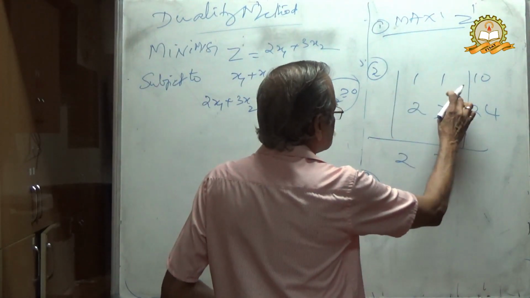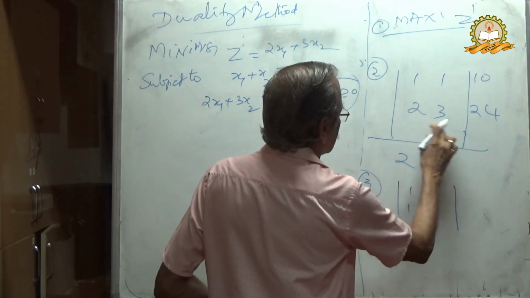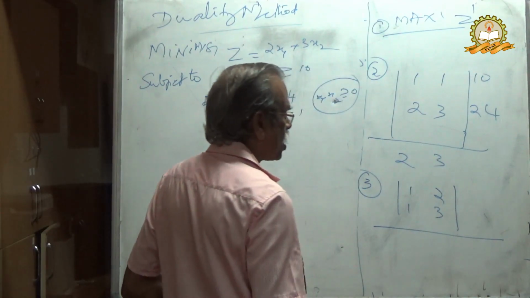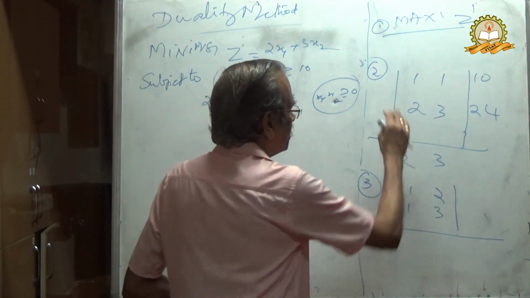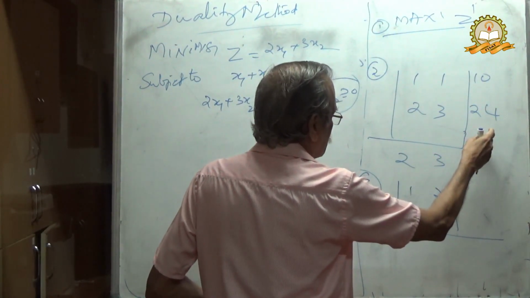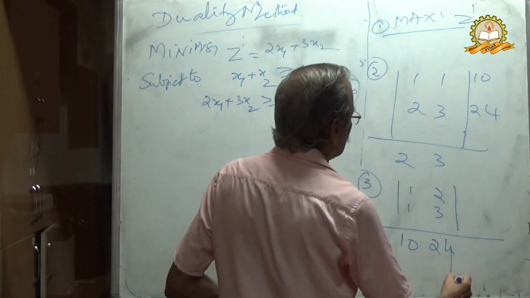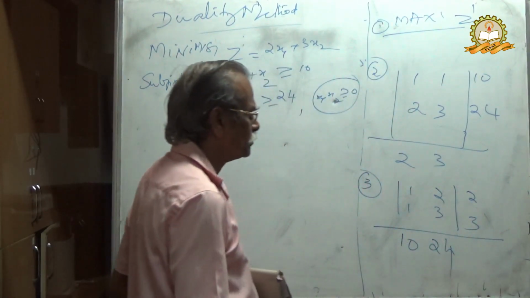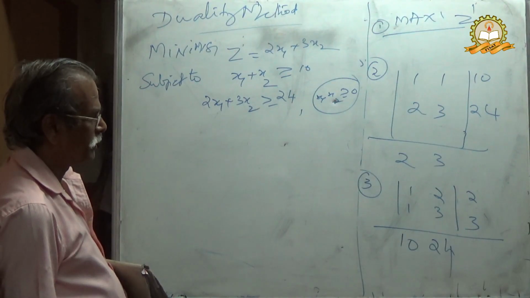This is your first row, which changes into column 1, 1. The second row changes into column 2, 3. Row changes into column, therefore 10, 24 is your column. And here you have 2, 3.